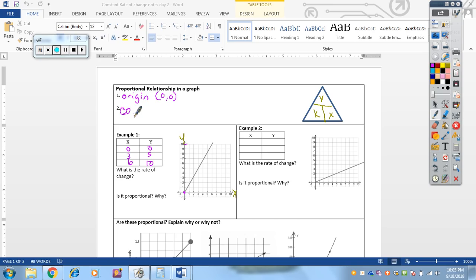And what the constant does is it makes it have a straight line. So these are the two things that make it proportional. It goes through the origin, it has a straight line.